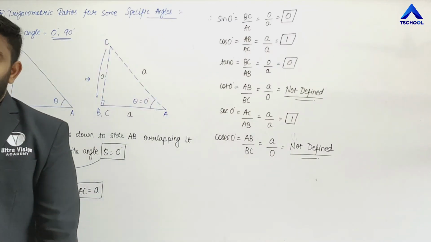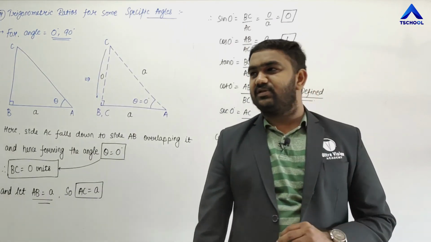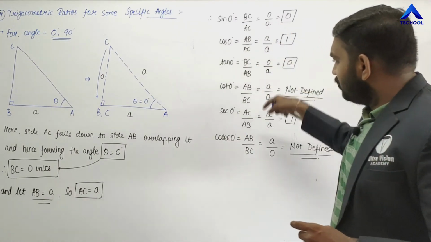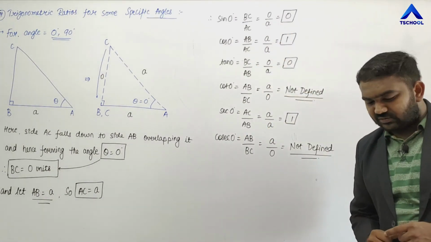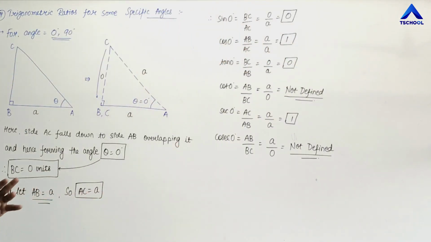Previously we had 18 ratios for theta equals to 30, 45, and 60. Add 6 more ratios for theta equals to 0 degree now. So 18 plus 6 becomes 24. So we have studied 24 different ratios for angles 0, 30, 45 and 60.